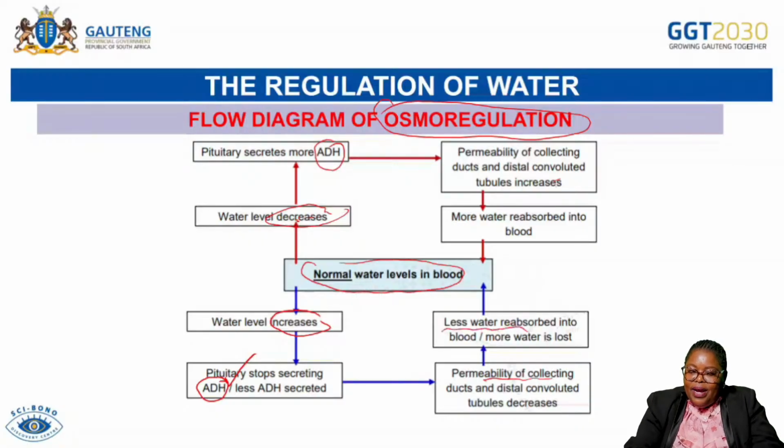Normal water level in the blood. Remember, we're looking at the regulation of water, which is osmoregulation. All those factors that I've shown you must be kept constant all the time. Otherwise, what is going to happen if we have more of it or less of it?